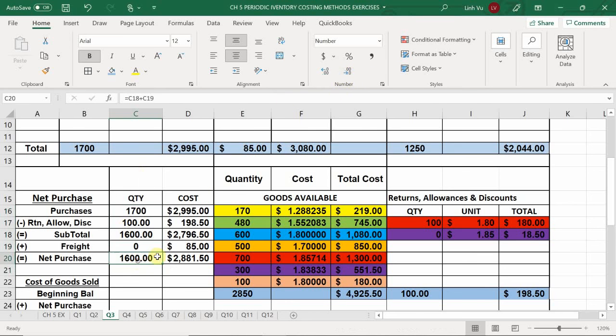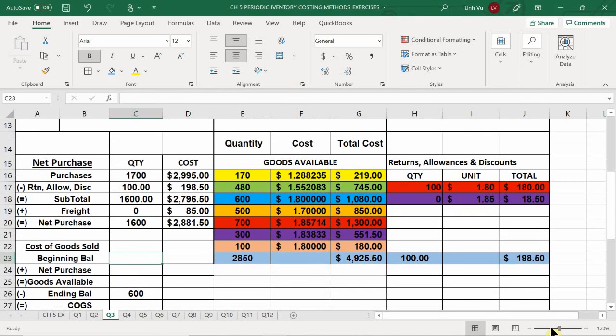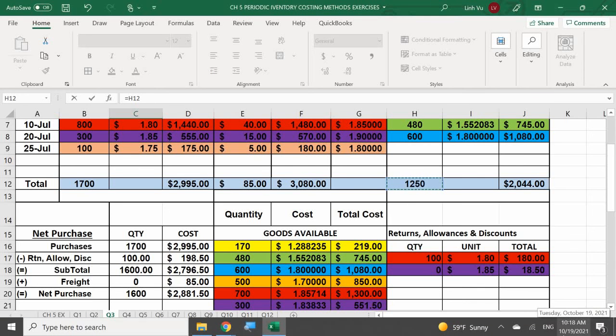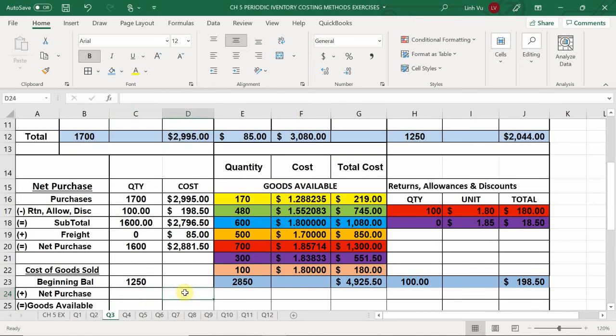Anyways, so then we need to go ahead and introduce the beginning inventory. What was my beginning inventory? It was the 1,250 units that I transferred over from my previous worksheet, right?